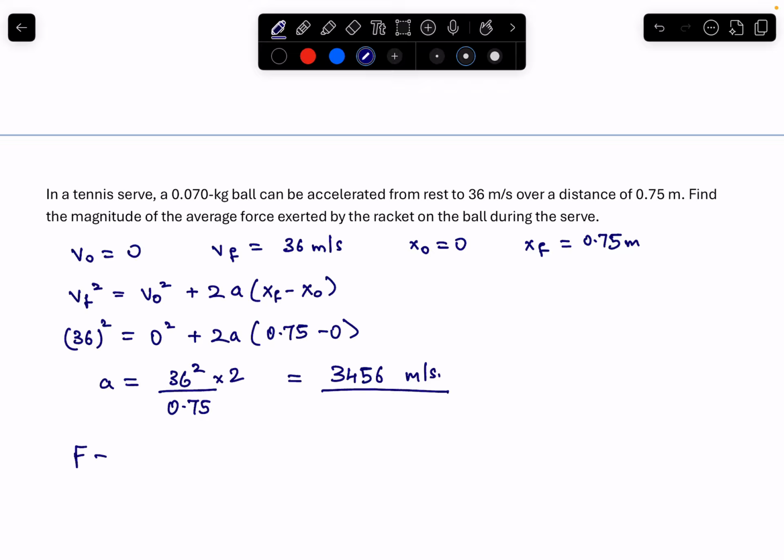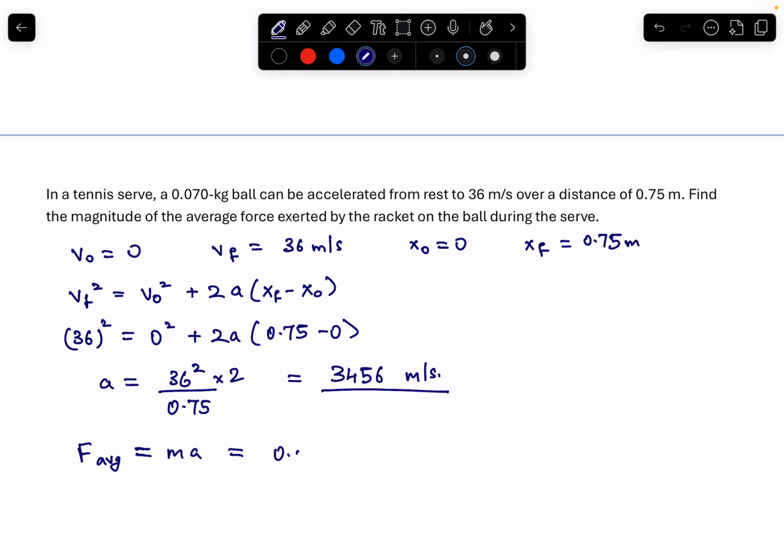So force is equal to mass times acceleration. Now they're asking us about the average force. I can say that this is the average force because I assume the acceleration is constant to apply this equation.